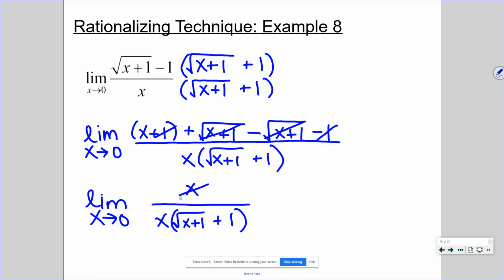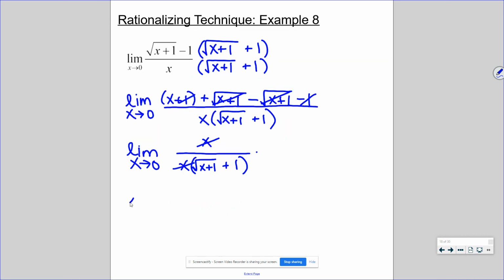Then I actually can cancel an x from the top and an x from the bottom to even simplify further. So my completely simplified, or you could call it algebraically modified, equation looks like this. Okay, it's totally different than what we started with. It's algebraically equivalent, so it's fair game.